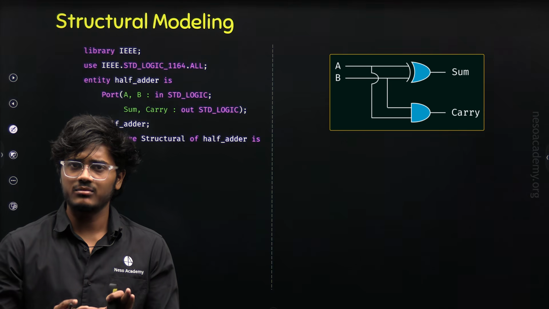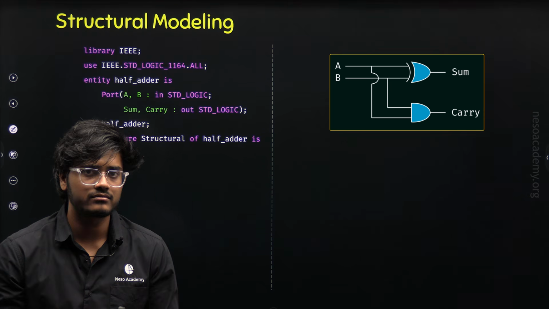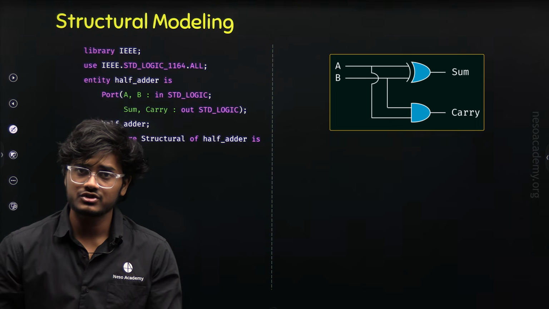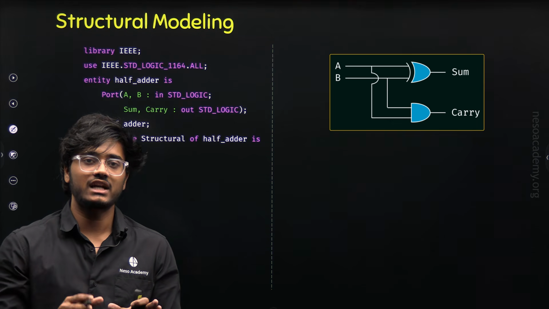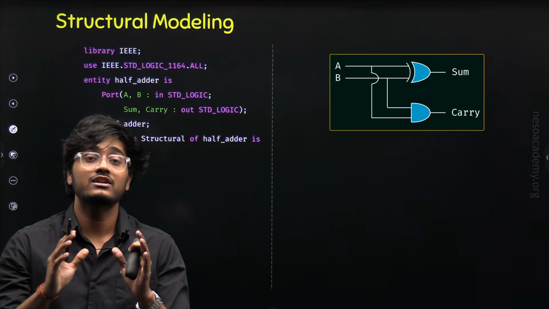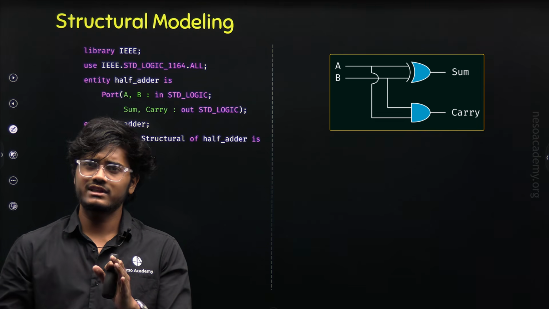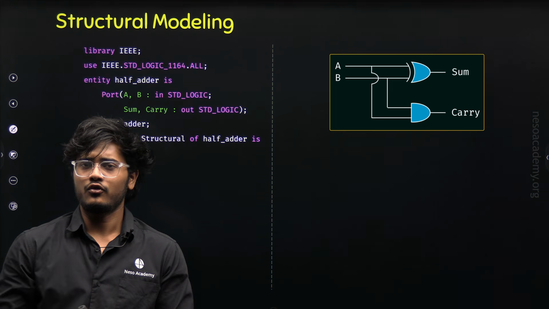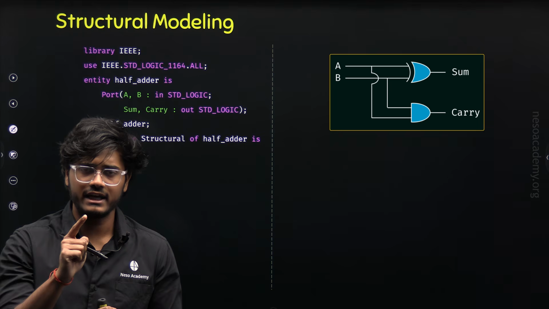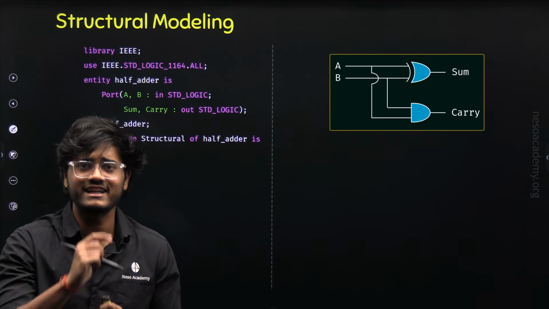As the name suggests, structural modeling: inside the structural architecture, we will declare the components that we want to use to create our structure. For this half adder, what are the components? We have one XOR gate and one AND gate.